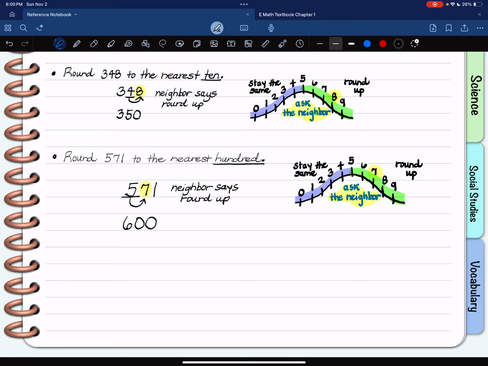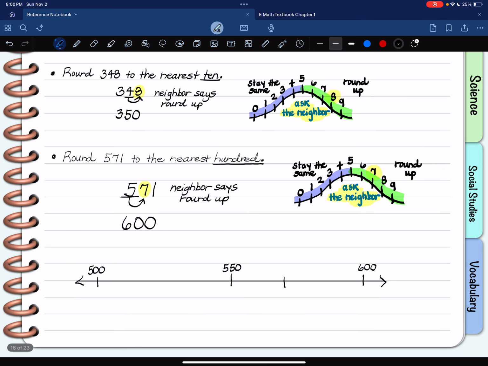All right, if you want to use a number line, this is what it would look like. Draw yourself the number line. We know 500 is down here, and we know 600 is up here. We know halfway between there would be 550, and 571 would sit somewhere about right there. So it's going to be closer to 600 than it would be to 500.